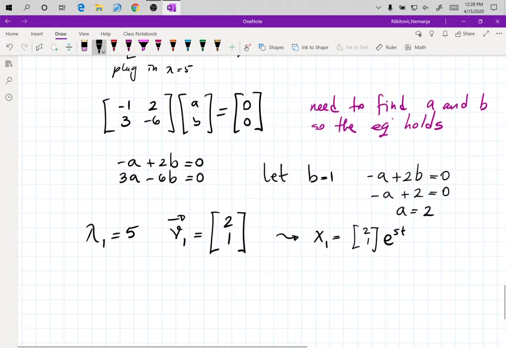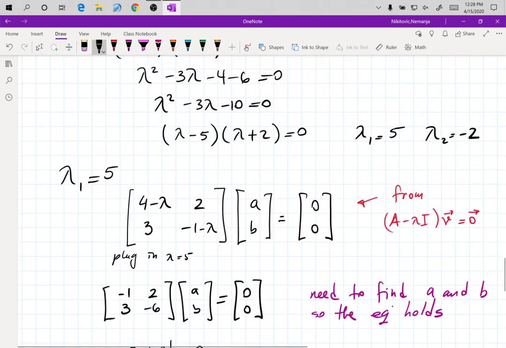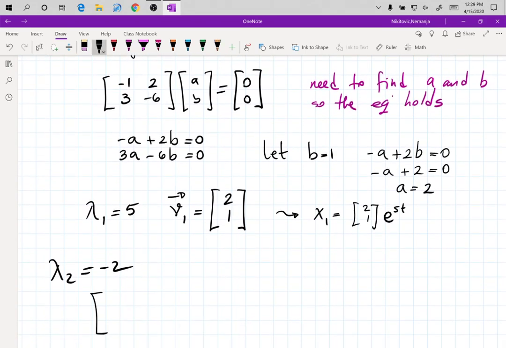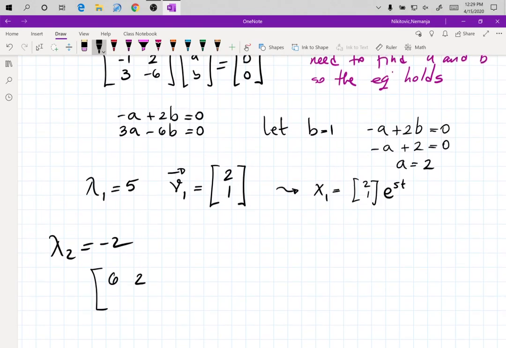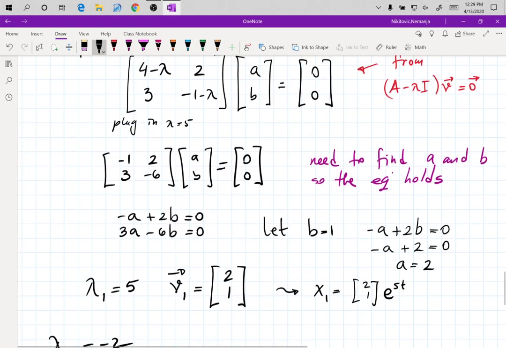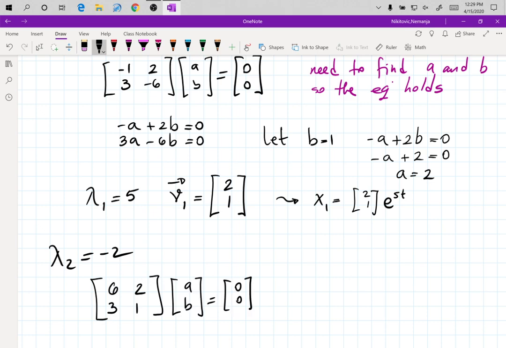Great. Now lambda 2 was negative 2? Yep. Plug negative 2 in the matrix. We have 6 and then 2 and then 3 and then negative 2, that's positive 2, so 1. Times A and B equals 0, 0.